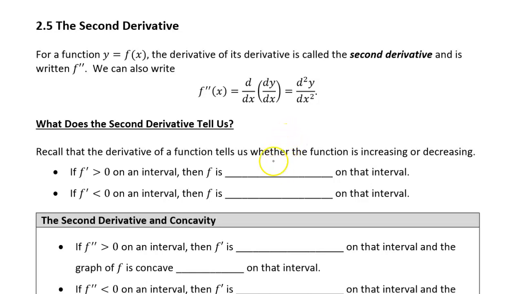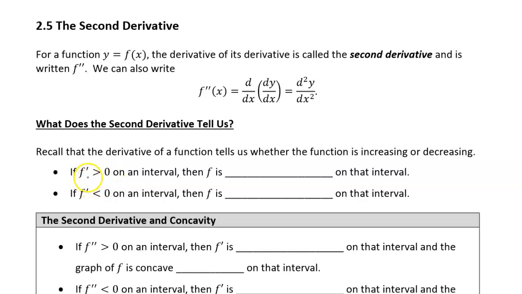Now let's back up a little bit and think about what the derivative tells us again. Remember that the derivative is the change in the function for a small change in the independent variable. Let's say it's x, if y equals f of x.